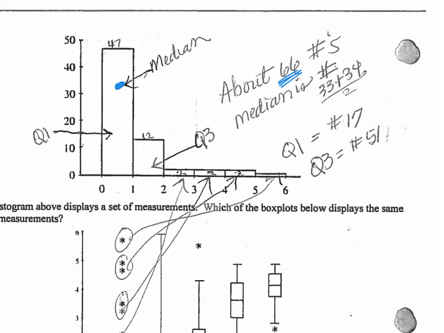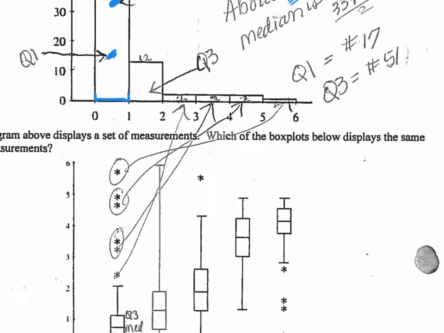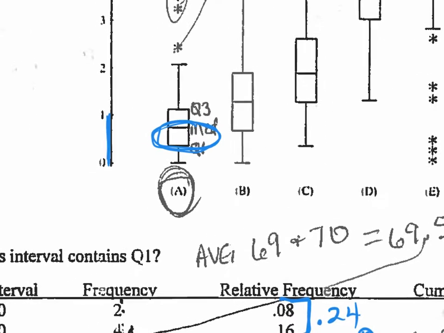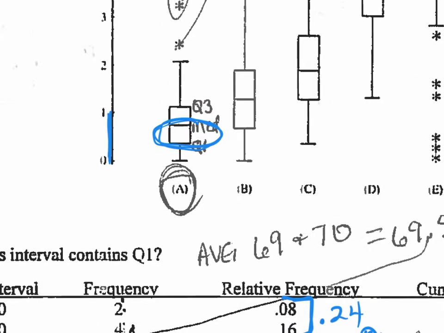So the median is between 0 and 1, and Q1 is located at data item number 17. So Q1 is right there. So Q1 and the median are in the bar 0 to 1. And this is the only one that has the median and Q1 in this bar from 0 to 1. Questions there? All right, moving on.